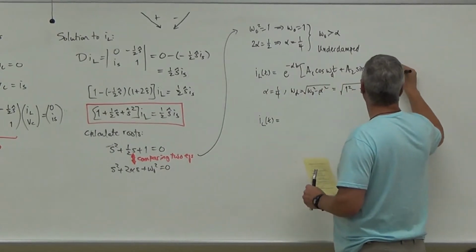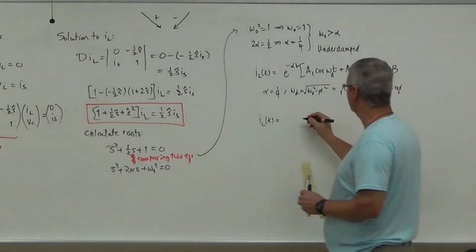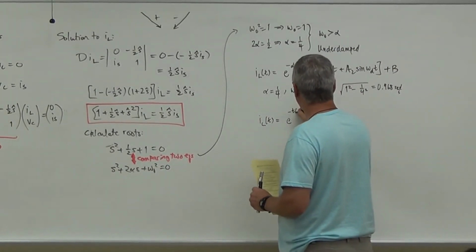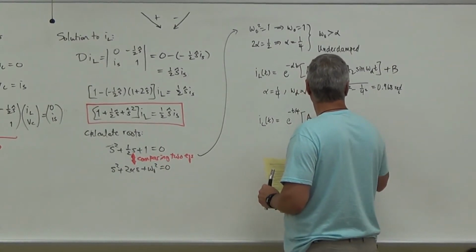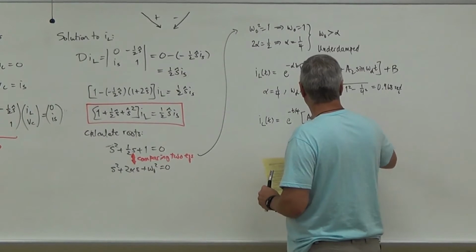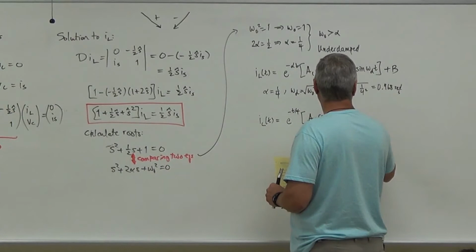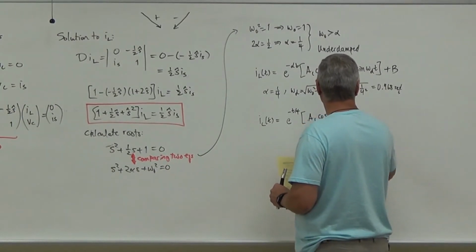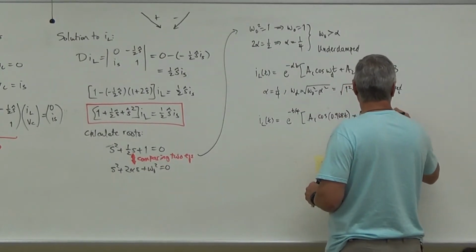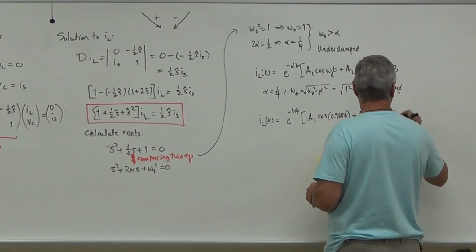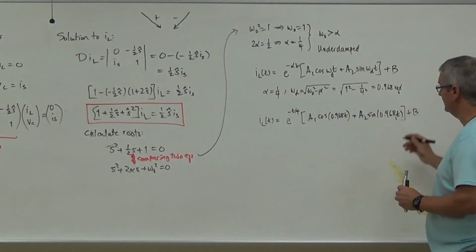By the way, I didn't get my b value, but for right now, let's look at this. So this will be e to the minus t over 4 times the quantity A1 cosine of 0.968t plus A2 sine of 0.968t. So that's my solution, plus my b.